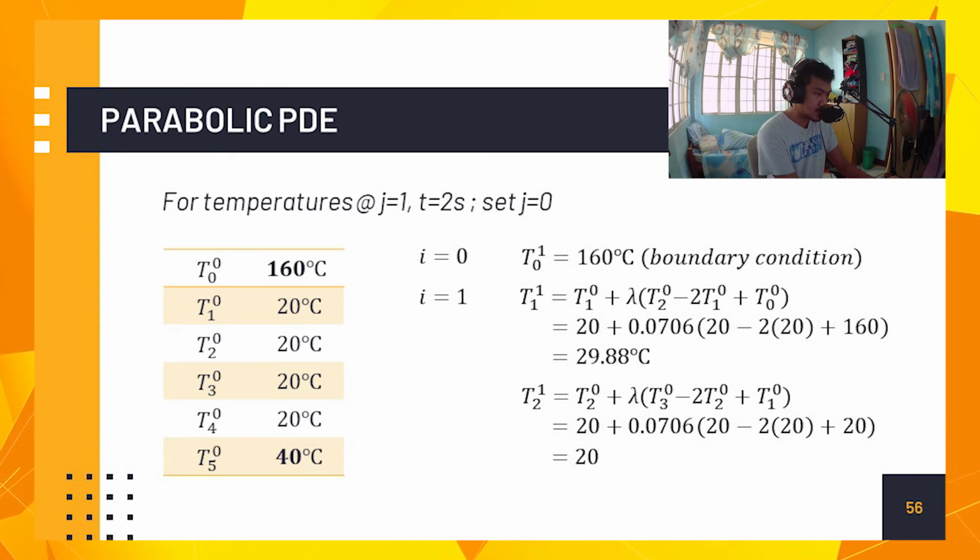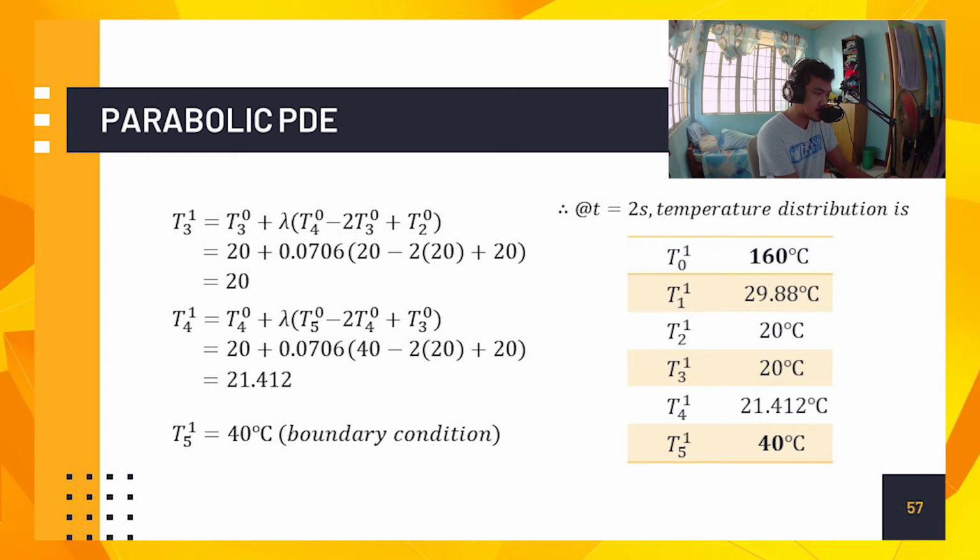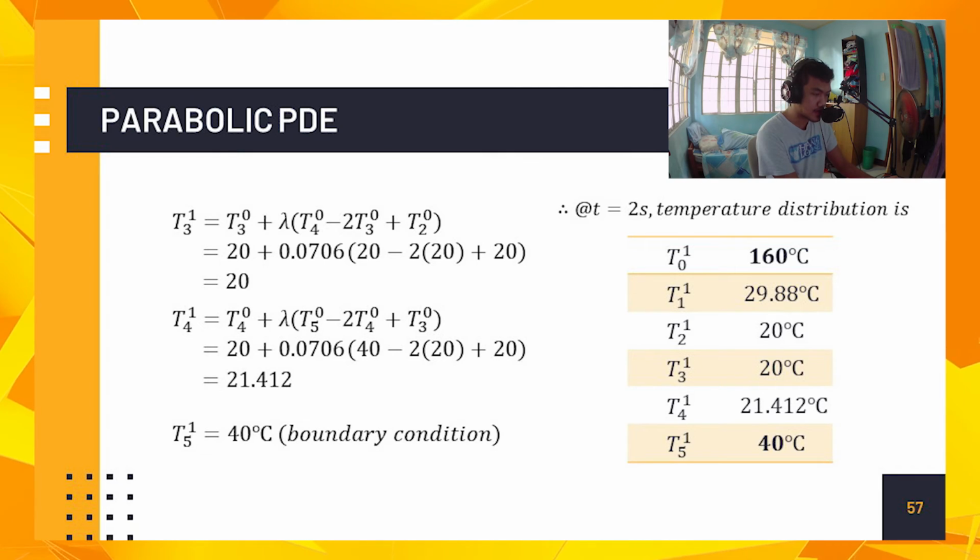For T sub 3 raised to 1, it is equal to T sub 3 raised to 0 plus lambda times the quantity of T sub 4 raised to 0 minus 2 T sub 3 raised to 0 plus T sub 2 raised to 0. By substituting the values we have 20 plus 0.0706 times the quantity of 20 minus 2 times 20 plus 20, and that will also give 20.